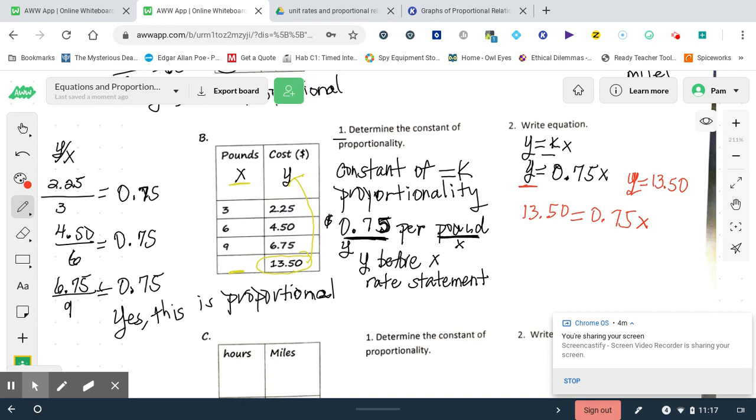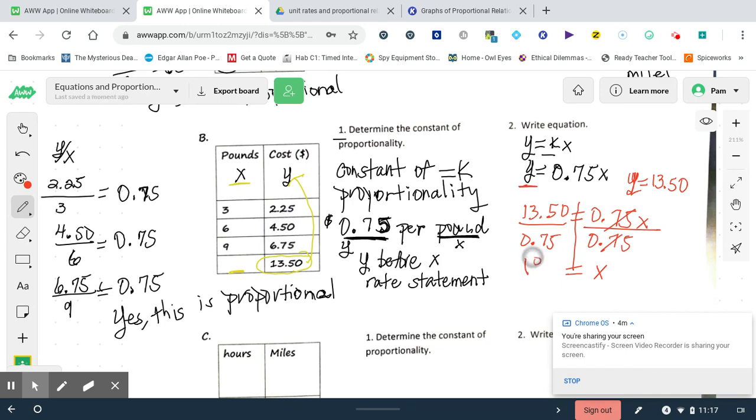Now, solve for x. To solve for x, I need to get rid of 75 cents. Well, how do I get rid of 75 cents? Well, that's mashed together, which means multiplication. And to undo multiplication, we are going to divide. So you're going to divide both sides by 75 cents or 75 hundredths. These are going to cancel. And 1350 divided by 75 cents is 18.